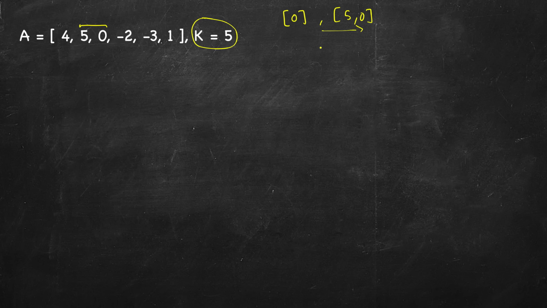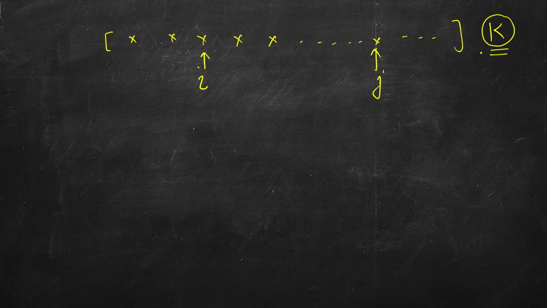So before jumping into that solution, let's see a generic array. Let's say we have an array with some numbers, and this is some index i. And down the line we have another index j, and our number is k. That is, we want to find the subarray whose sum is divisible by k.